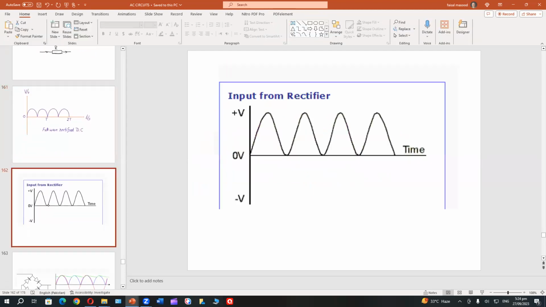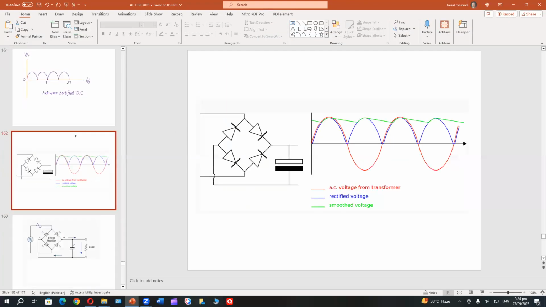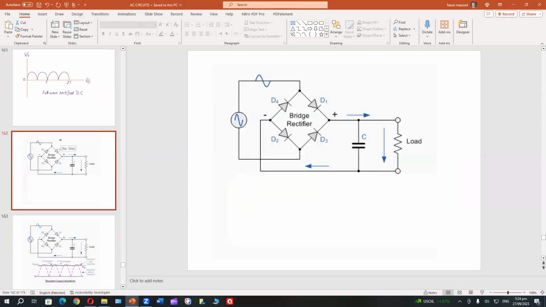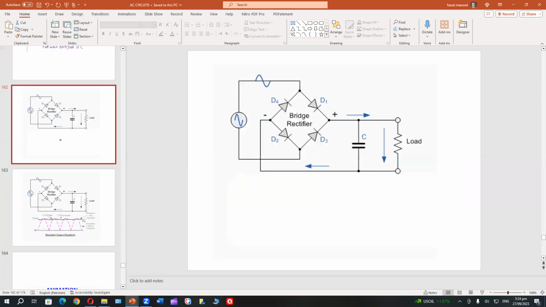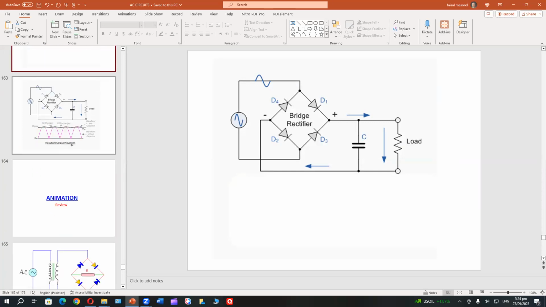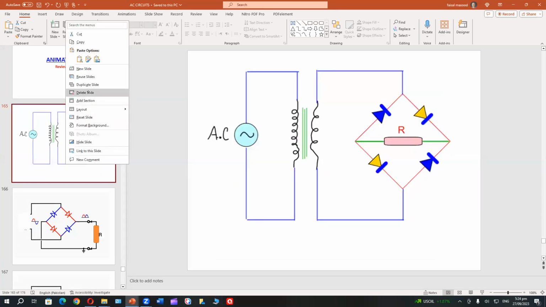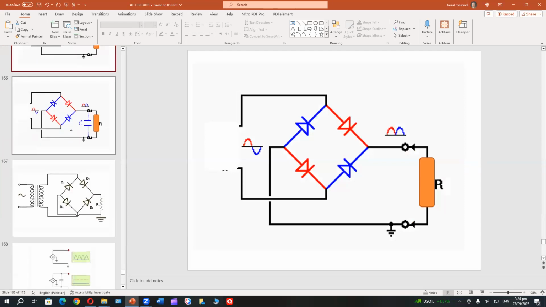Now, this is the output, and again, this is not a fully supported current. And right under it write that this is not the fully steady current.